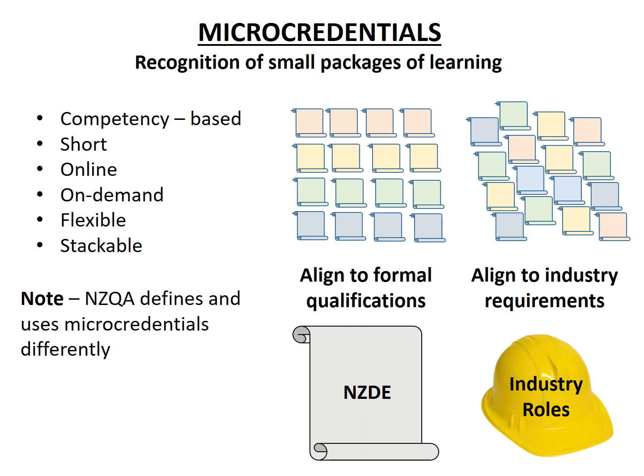And they're stackable, which means they can be arranged. That's the main thing that competency-based micro-credentials bring, is that they can be stacked into different arrangements, which I'll talk about in just a minute.